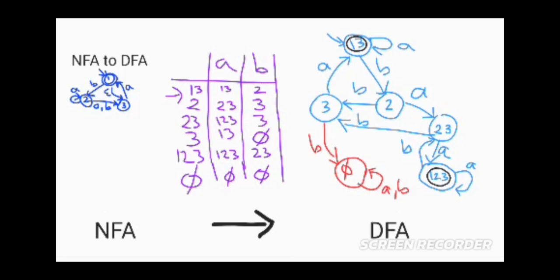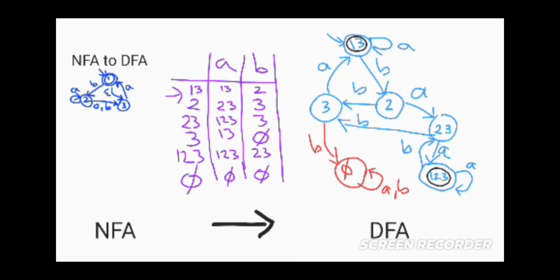In the diagram we specify that 1, 3 is a final state, and also 1, 2, 3 is a final state, because the rules say that we take the final or accepting states of the NFA, and we look for the states in the DFA which contain one of these final states.